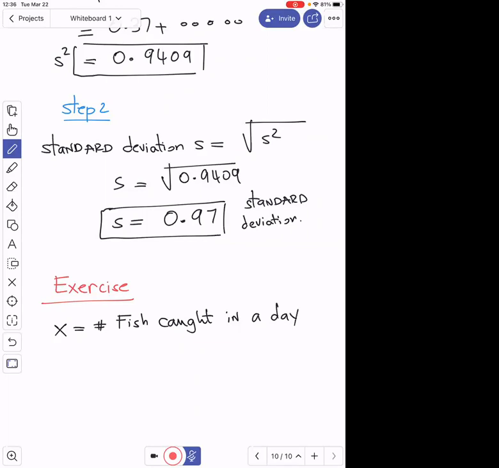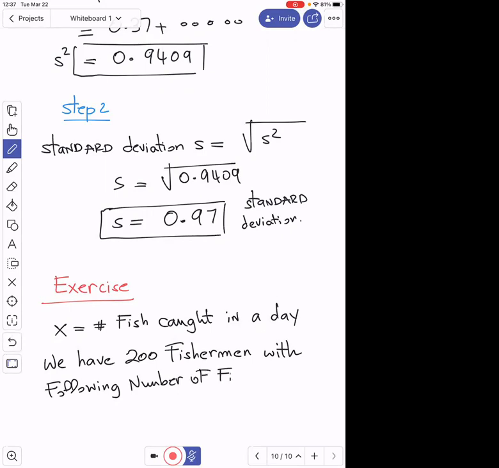Okay, and let's say we have 200 fishermen with the following number of fish caught in that day.